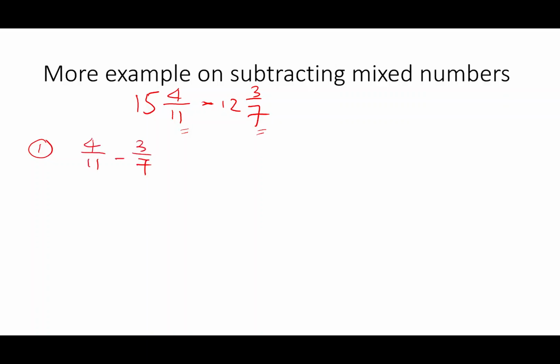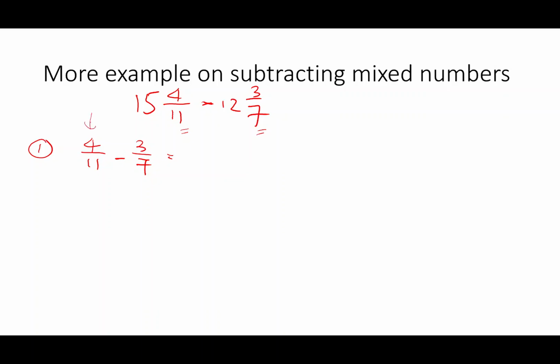Now in this case, as we have seen earlier, if the second fraction is larger than the first fraction, the answer will end up negative. So before we do the subtraction, it is good to determine whether the first fraction is larger than the second fraction or not.